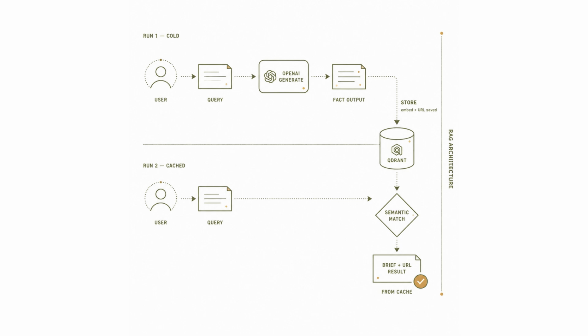And on the second run, let's suppose the user asks to generate the summary for the same page, then we check in our vector database whether the fact output is already present for that URL, and we show that information again to the user. So here we are cutting the cost of the OpenAI LLM call, again, if some user asks to generate the fact information for that same article.